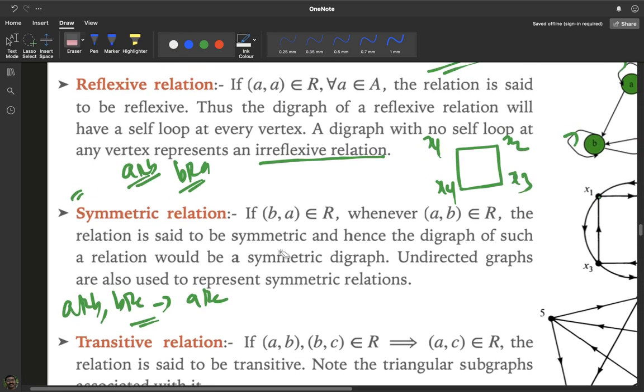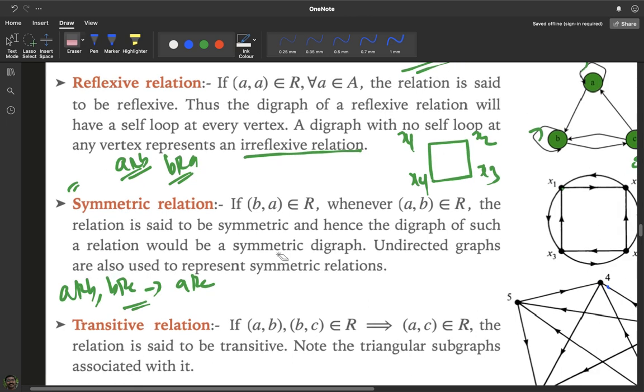So I hope it is clear what we mean by reflexive relation, symmetric relation, transitive relation, and how to represent these types of relations using diagrams. An example of a transitive relation is the congruence relation. You know the congruence relation we studied earlier. If A is congruent to B modulo M, and B is congruent to C modulo M, then A will be congruent to C modulo M. I hope you know what congruence means.